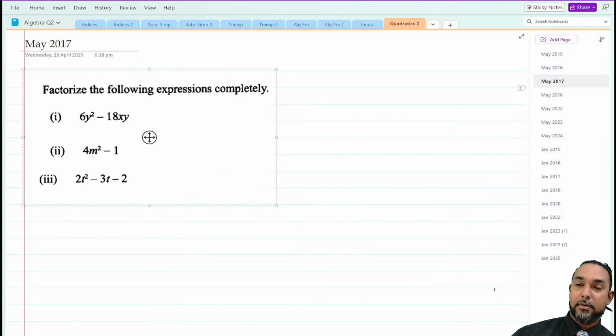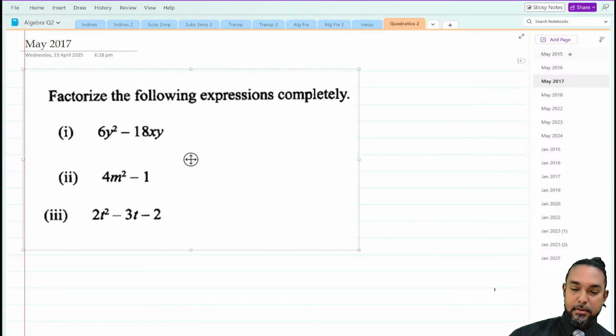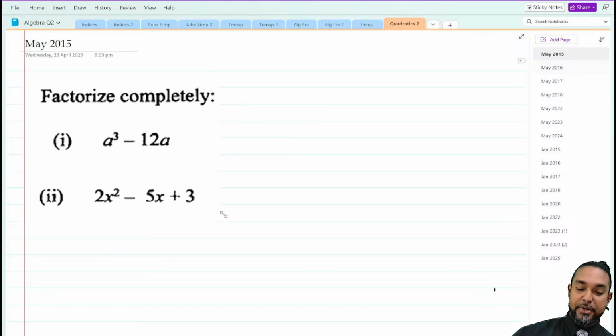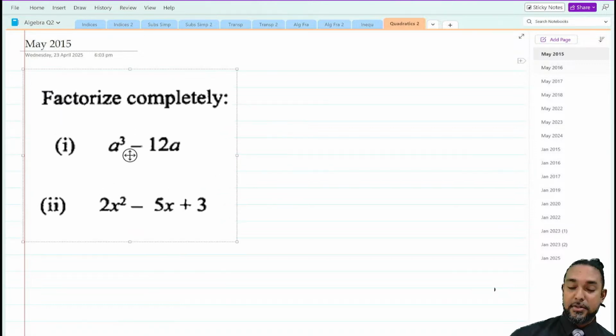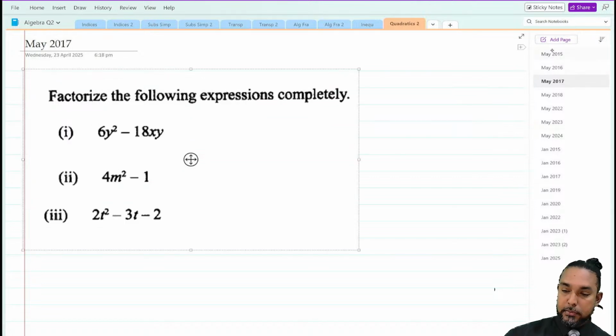Well, some papers only have one or two things, some only have one, and some have none. So the number of factorization questions is not really fixed per se. So we'll just do whatever is there, right? All right.